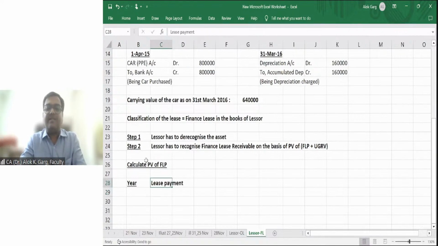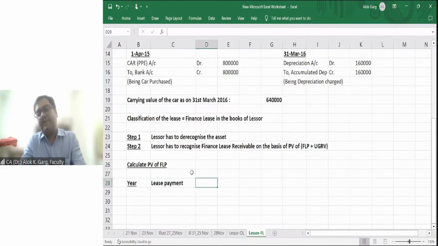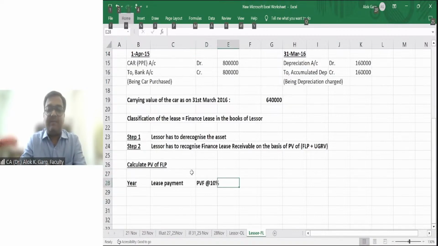The word is payment. It does not mean the lessor is not receiving. The lessor is receiving. From the perspective of the lessor, it is receipt. From the perspective of the lessee, it is payment. Present value factor at the rate of 10%.